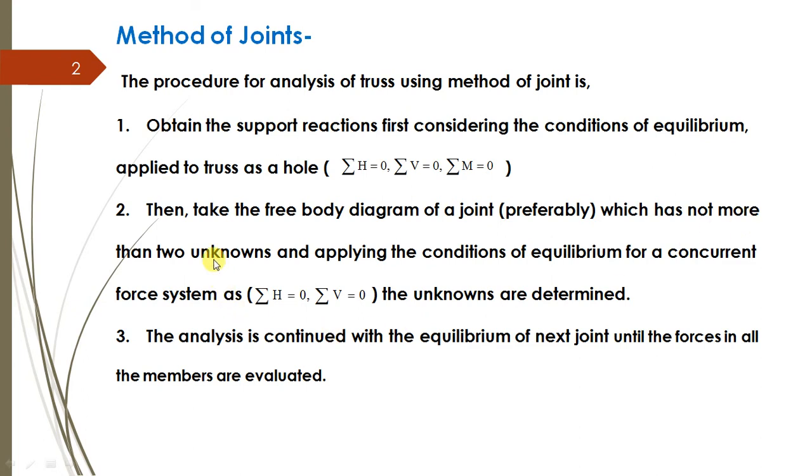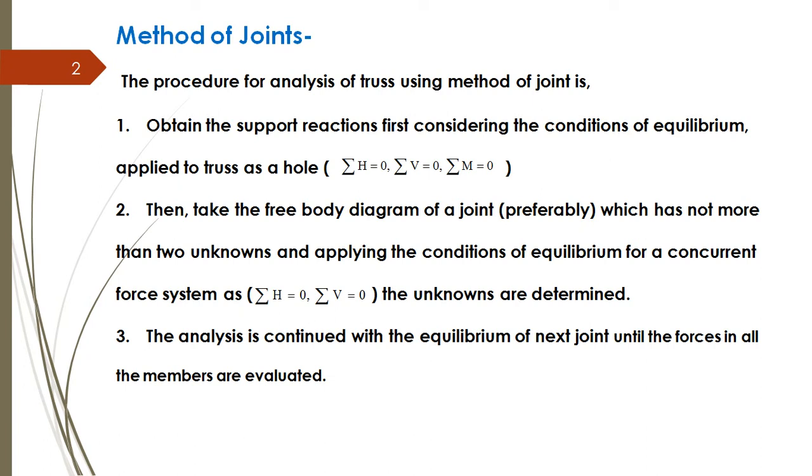While selecting the joints for analysis of truss, you have to choose the joint in such a way that there should not be more than two unknowns. Why can we not consider a joint having more than two unknowns? Because we have to consider the condition of equilibrium of a concurrent force system.